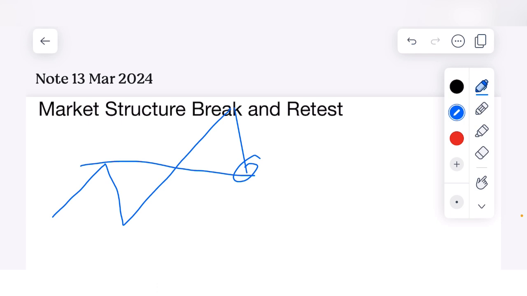This has to be shown here before you take a trade. Note, these signs need to be shown before you take a trend continuation. Before you take your buy trade, you have to wait for the double bottom confirmation.